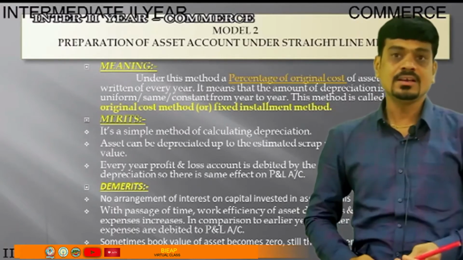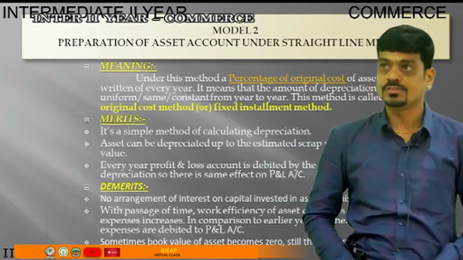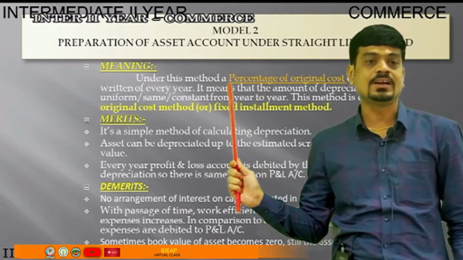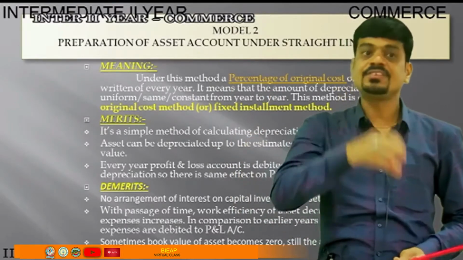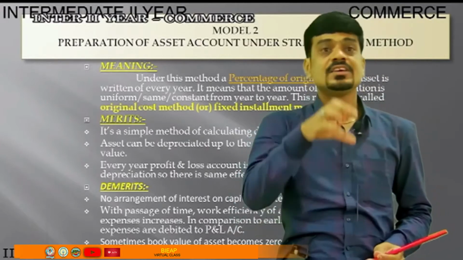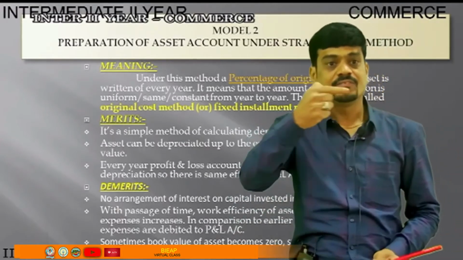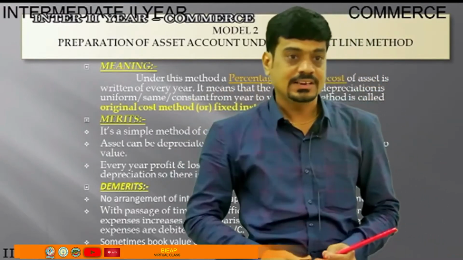Straight line method has got different names. It is recognized by different names also, like original cost method, fixed installment method, sum of equal installments method. The name itself is telling that it is straight line method, meaning straight in the sense one which is not up and down, one which is going to be in a proper straight line.